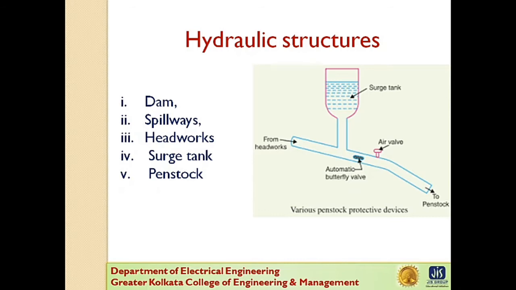For this reason, closed conduits are always provided with a surge tank. A surge tank is a small reservoir or tank in which the water level rises or falls during the pressure swings in the conduit. Now, a surge tank is located near the beginning of the conduit.